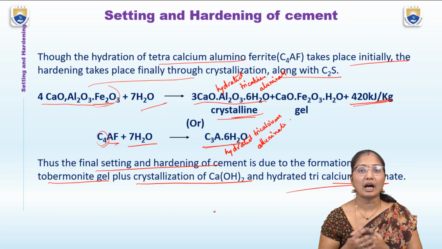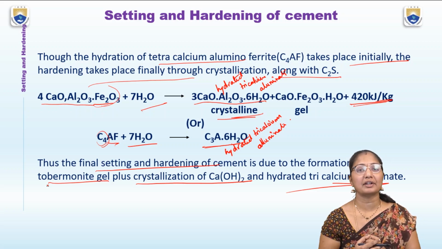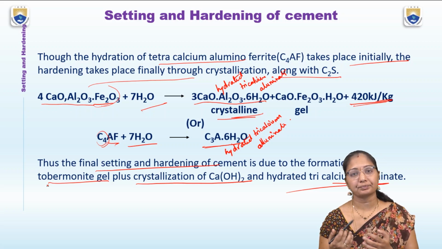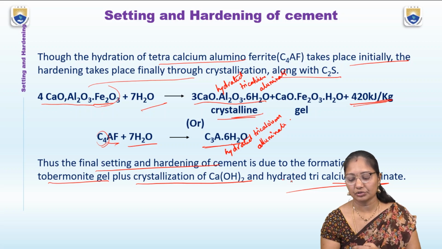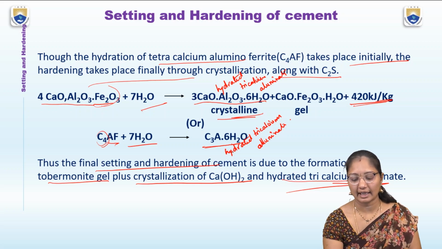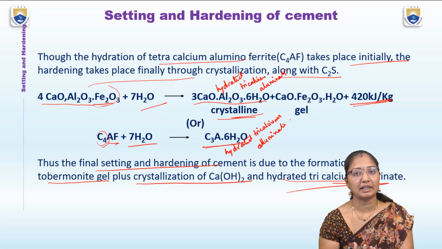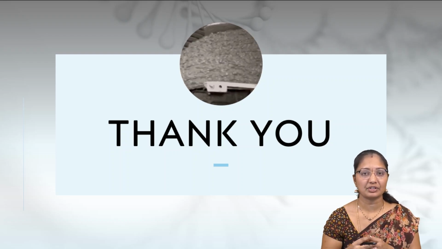The hardening of the cement is mainly due to the formation of tobermorite gel and crystallization of calcium hydroxide from the tricalcium sulfoaluminate complex or tricalcium aluminates or tetracalcium aluminates, and also due to the hydrated tricalcium aluminate formation. It gives a very rigid structure to the cement, which is very hard. So this hardening process involves these reaction steps.